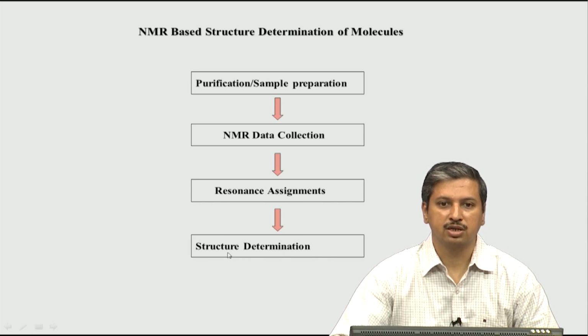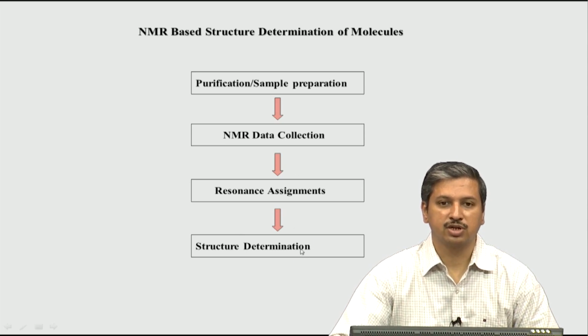What is meant here is the complete 3-dimensional structural information, and that comes from the very important experiment called NOESY or ROESY, because remember we saw that each peak in a ROESY or a NOESY spectrum gives the information of the distance between atoms. And what is a 3-dimensional structure? It is nothing but the distance information between different atoms in 3-dimensional space that we are looking for. So, that is what is meant by structure determination.